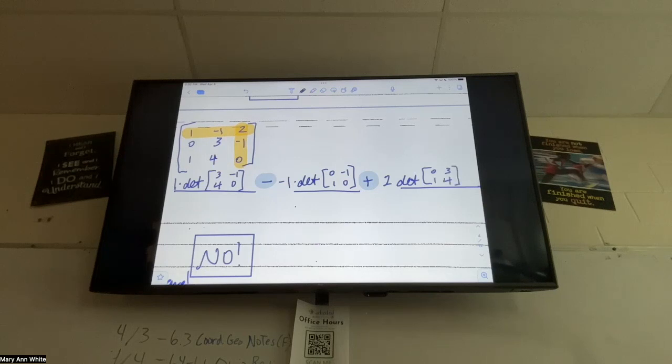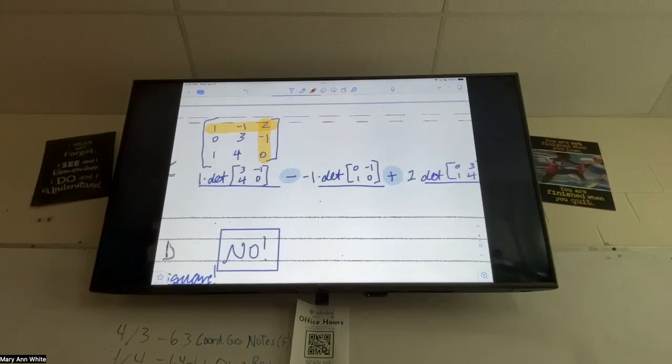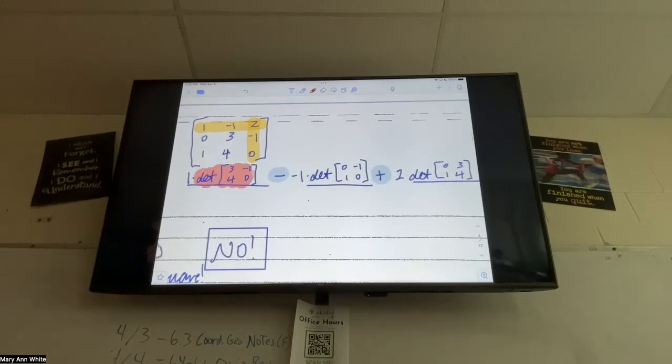We've got 3 little determinants that we're doing in here, okay? I might have a few more steps than you guys are used to, and that's okay. But I'm going to do my determinant separately, and then I will do all my multiplying, combining, and fun stuff in a second. Okay, so I'm going to do 1 times, when I do the determinant here, 3 times 0 minus -1 times 4. That's my determinant of that first bit. You guys okay with that so far?